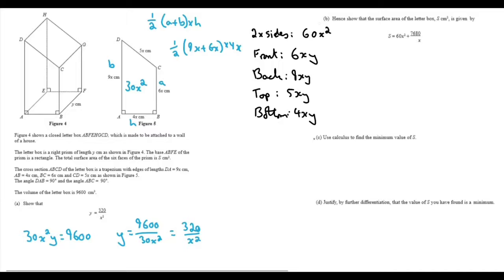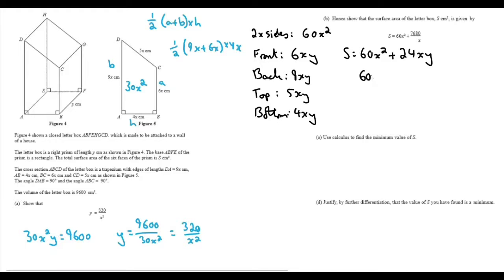Adding these all together, because you would be adding up for the surface area, you would end up with S equaling 60x squared plus 24xy. Now here, once again, we noticed, like with the last question, that we have a y term that's not meant to be in our final answer. So what we'll do is we will substitute in the y from before.